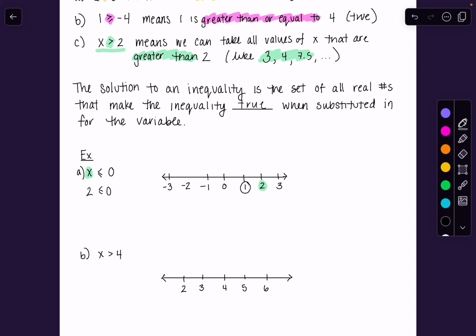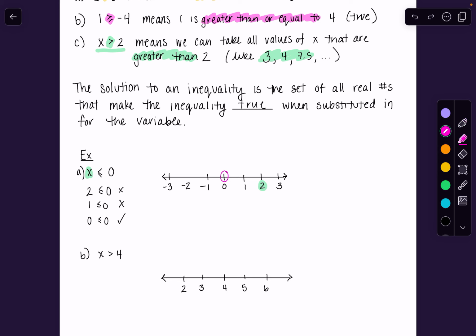If you tried to plug in +1, 1 is less than or equal to 0 also does not work. If I try to plug in 0, 0 is less than or equal to 0. This actually is a true statement because of that bar underneath. So this is going to be our pivotal number. 0 is that key component where things are going to switch.